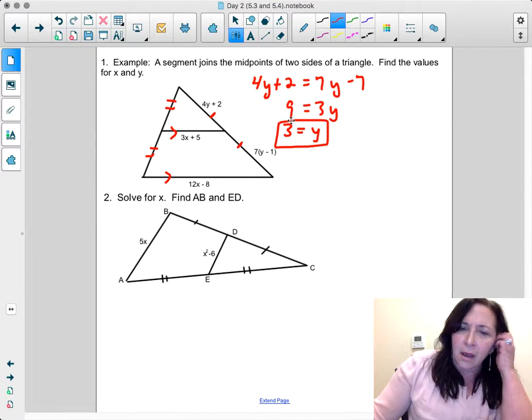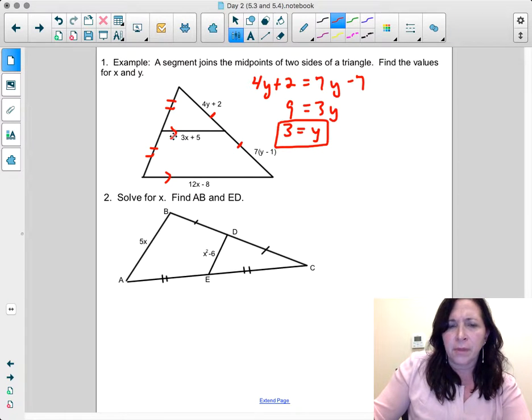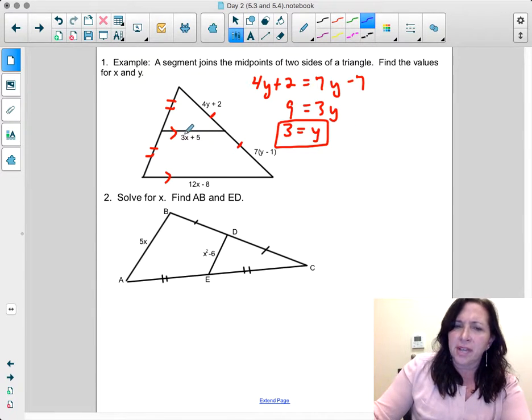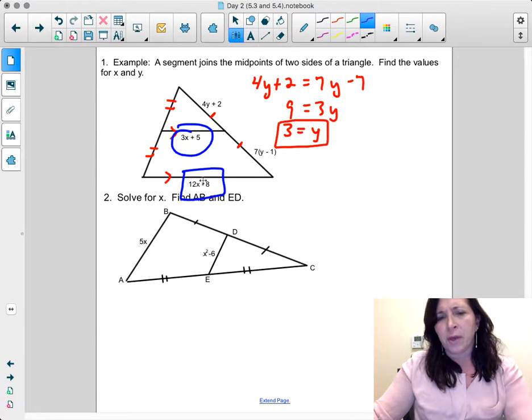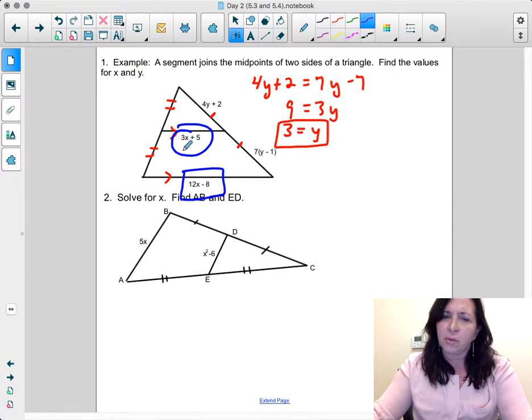Okay? For the next part of the problem, these are your mid-segment there, and now people do this differently, so you have to decide, would you rather say 2 of these is equal to 1 of these, or would you rather cut this in half and say it's equal to that? That's up to you.